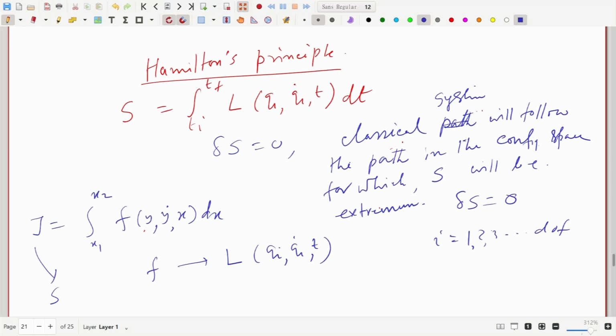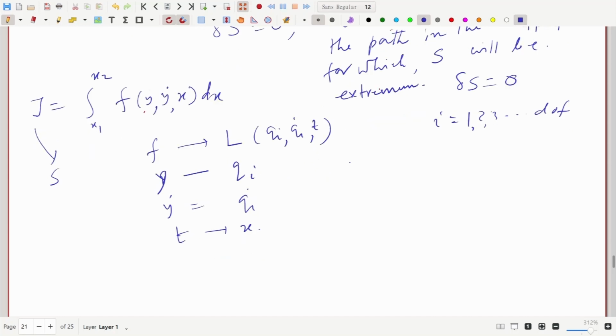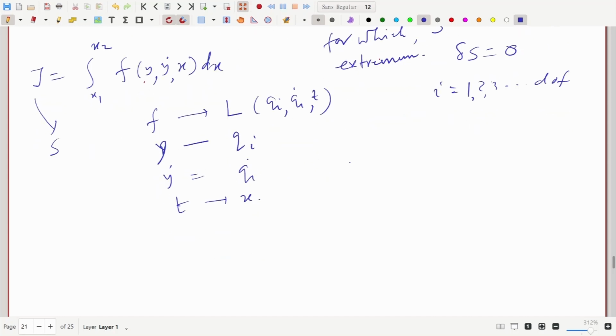So we have as many generalized coordinates, and the analogue of y in the variational calculus problem is now qi, y dot will be qi dot, and the role of x is played by t.